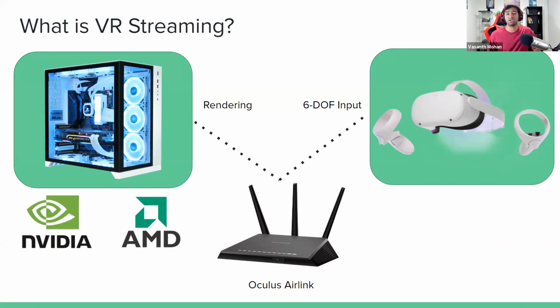And that's streaming the data feed of images that are being rendered off of a high-end graphics card. The two key components here are that you have rendering happening on your desktop, and you have the input that's getting captured from the Quest and sent to the computer to be able to display the correct visuals that you then see within the headset.